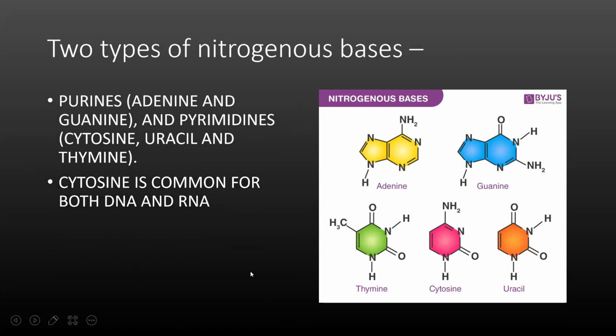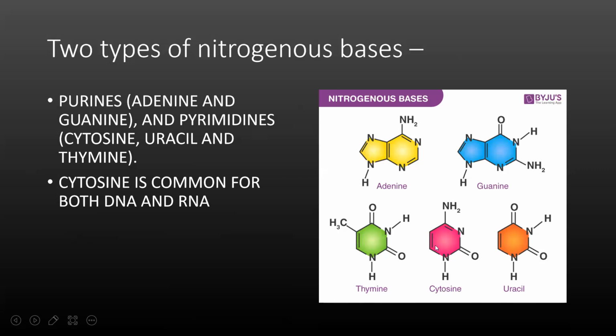Cytosine is common to both DNA and RNA. From here, we are talking about pyrimidines. Adenine and guanine are common for both, but we'll talk about pyrimidines.